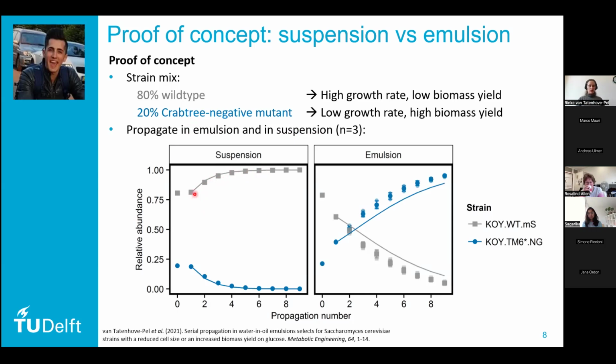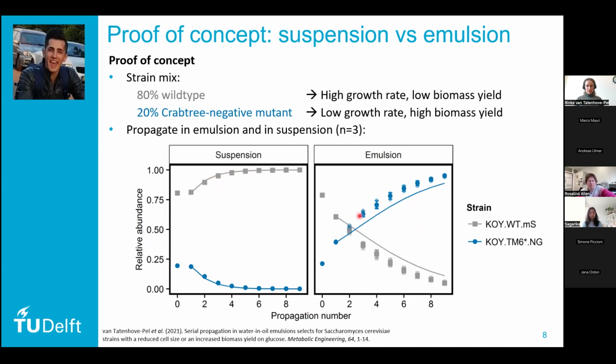We know the growth rates of the wild type and the mutant, so we could predict, if we mix these two together, how fast the wild type will outcompete the mutant, and that is this solid line. And the dots are the experimental data, so you see it fits quite well. We can quite well predict how fast the wild type will outcompete the mutant.